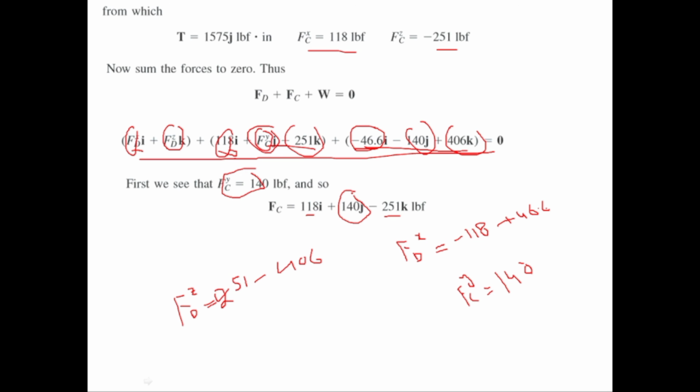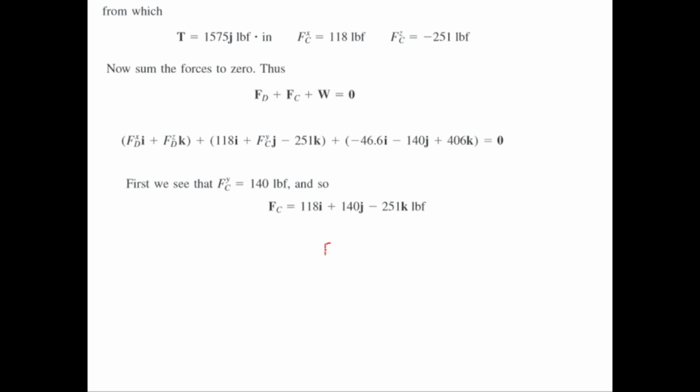So write FC in its rectangular component form, and when you calculate these two values, FDX equals to minus 71.4 and FDZ equals to minus 155.